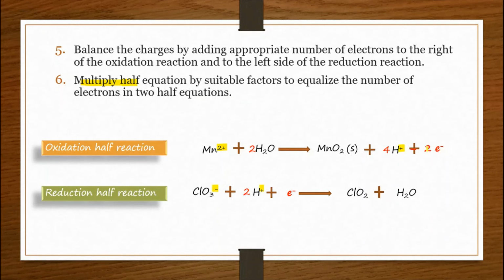So here there are 2 electrons in the oxidation half equation while there is just 1 electron in the reduction half reaction. So we have to multiply the reduction half reaction by a factor of 2. On multiplying the equation by 2, you will get 2ClO3 minus, 4H plus, 2 electrons, and 2ClO2 plus 2H2O.